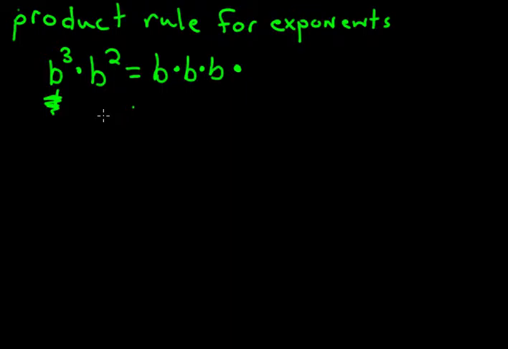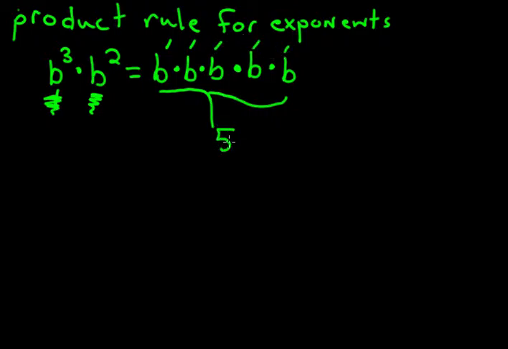We're going to multiply that by b to the second power, which is the same as b times b. Well, we have in here 1, 2, 3, 4, 5 multiplications of b. That's the same as b to the fifth. And this pattern continues, so that we can make a general rule.